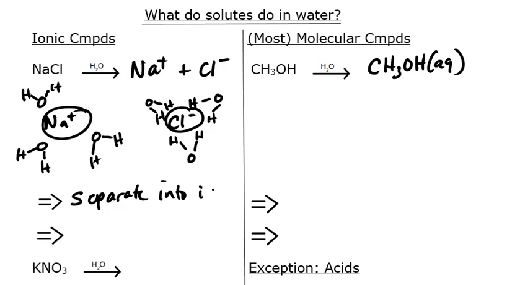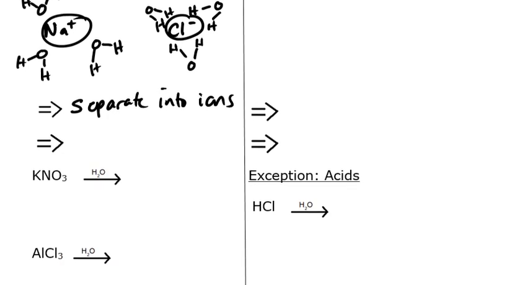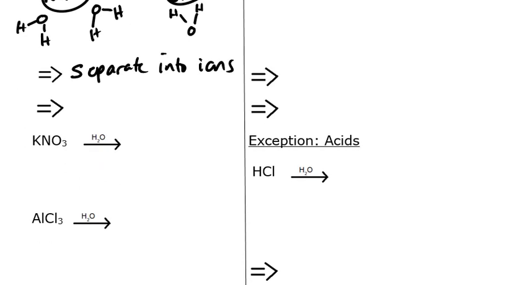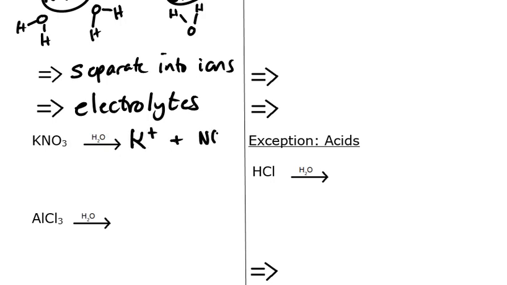into ions. Now sodium chloride separates into two, but other ions will separate into however many components they have. When ionic compounds dissolve and separate into ions, we say that they are an electrolyte solution. All right, so for example, potassium nitrate, it has a polyatomic ion which stays intact, so it separates into a K+ and the nitrate anion.